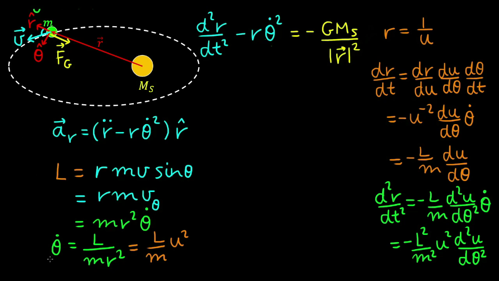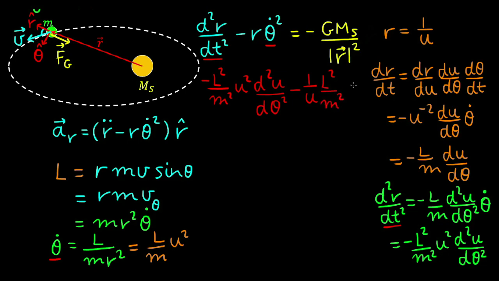So therefore, if you substitute for theta dot and the second derivative into this equation, we get minus L squared on m squared times u squared times the second derivative of u with respect to theta, minus r, which is 1 on u, times theta dot squared, which is L squared on m squared times u to the 4.